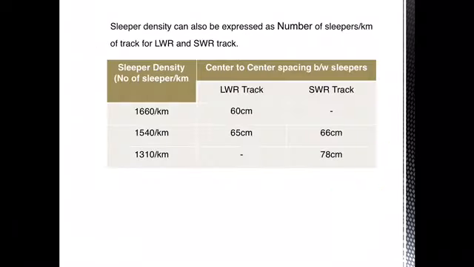Last thing is, the sleeper density can also be expressed in terms of the number of sleepers per kilometer. This will be used when the railway tracks or joints are welded.